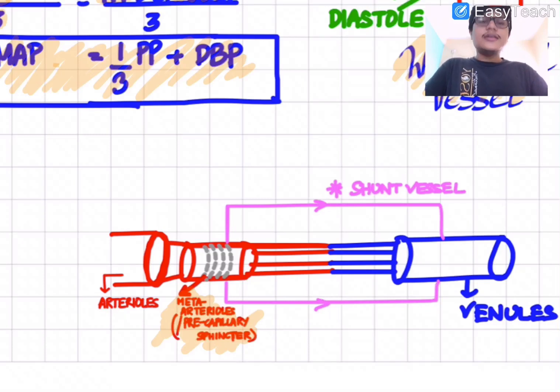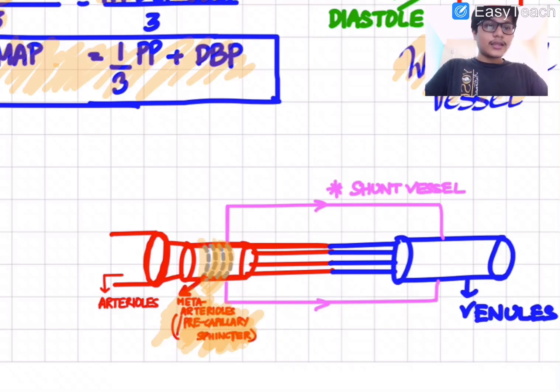Meta-arterioles are essentially arterioles with a very less diameter, and also they have an incomplete or interrupted muscular coat, and they are also called precapillary sphincters. They essentially regulate the blood flow from the arterioles to the capillaries.